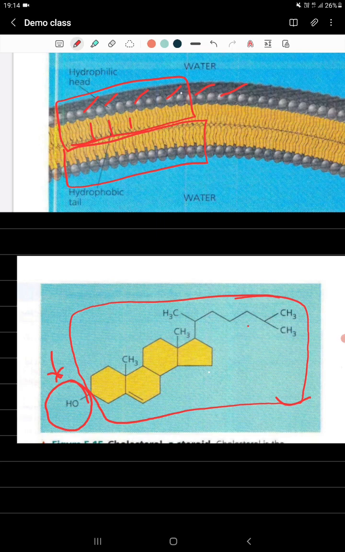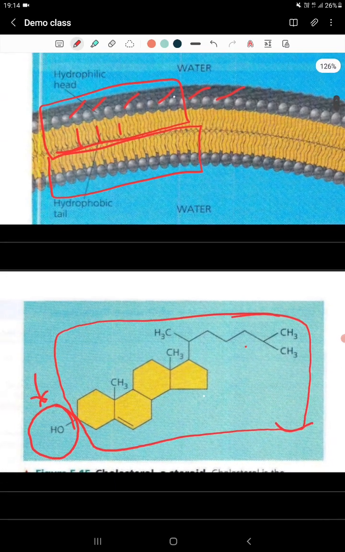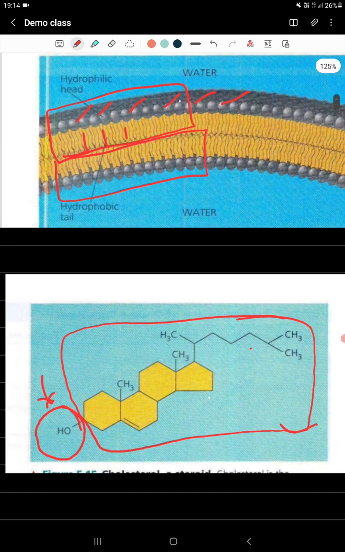What happens when heat is exposed to the plasma membrane? First of all, you can understand from this diagram, suppose this is the extracellular phase and this is the intracellular phase.